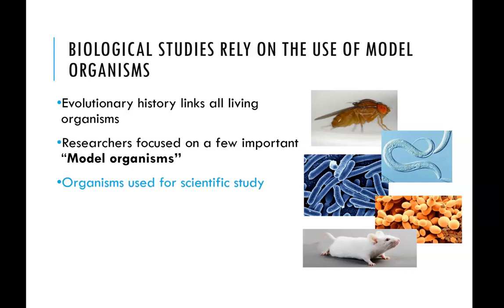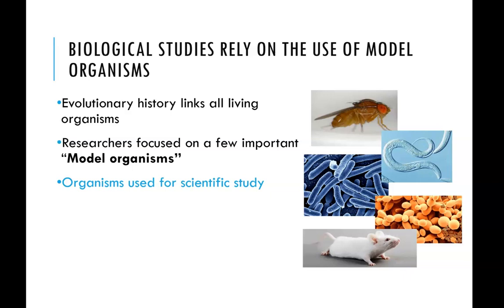So if we really want to know what happens if a particular gene is disabled, we might do that in something like a mouse, another mammal that is easy to study. The reason this works is that because of evolution, mammals are relatively closely related. So something that works in a mouse is probably going to be kind of similar in a human. Maybe not perfect, but it would at least give us a good idea.